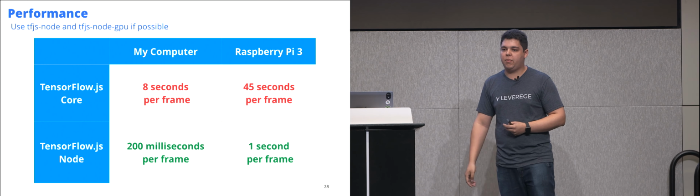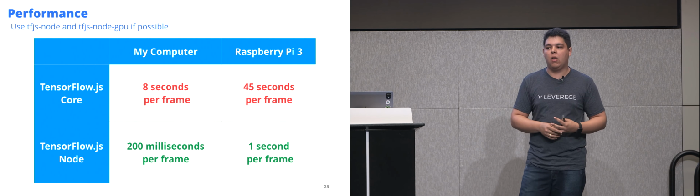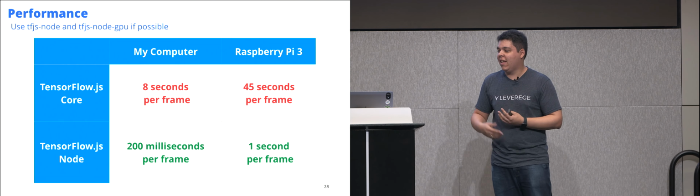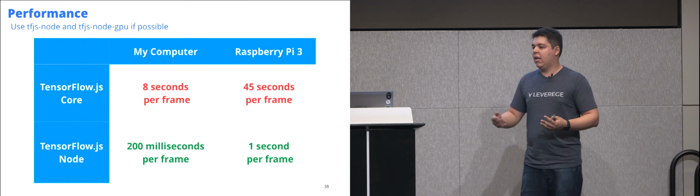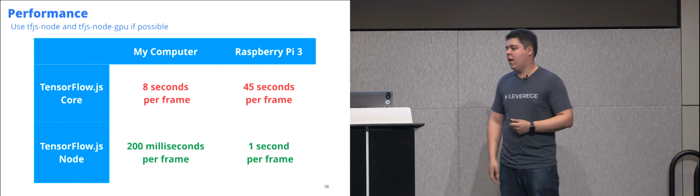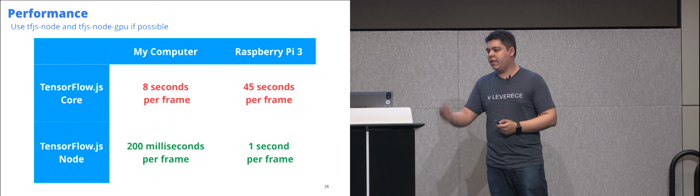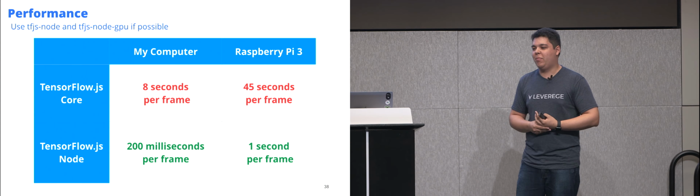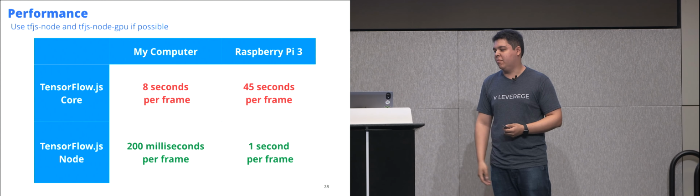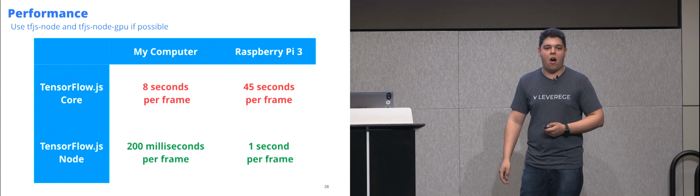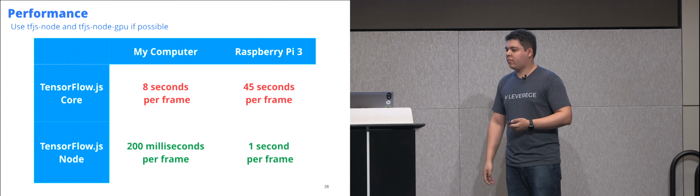Running on a Raspberry Pi was taking about 1 second to detect objects on each frame, which for me is really good. And on my computer, it was taking about 100 to 200 milliseconds to classify an image. I didn't try the Node GPU version because I don't have a GPU, but it probably has much better performance, and maybe we can do 60 frames per second, so it's real-time object classification.